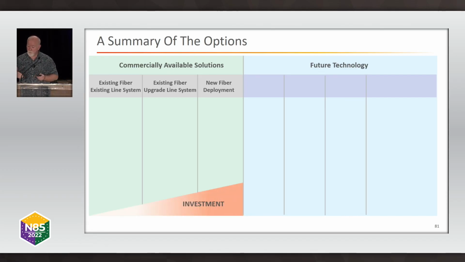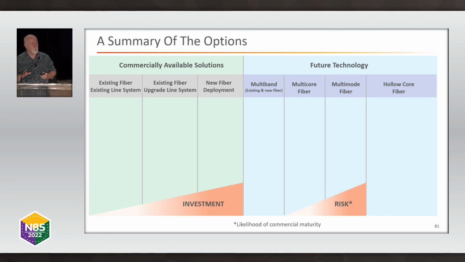And of course the investment rises as you move from left to right. Now, in the future technologies, there's multi-band, multi-core fiber, multi-mode fiber, and hollow core fiber. So there, the question you asked is, what is the risk of choosing a technology that isn't going to catch on from a commercial point of view? The likelihood of commercial deployment.